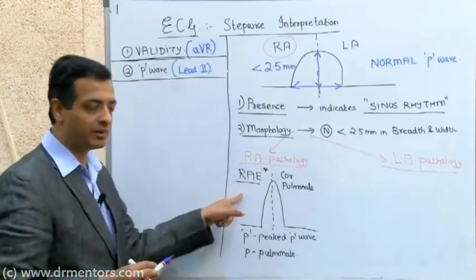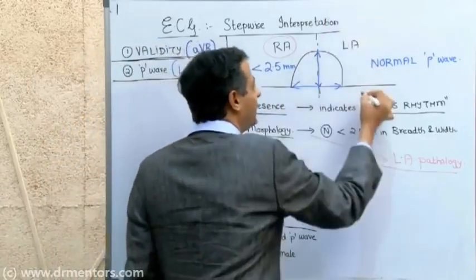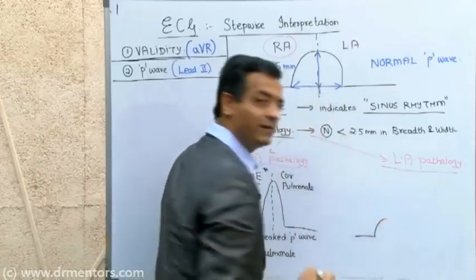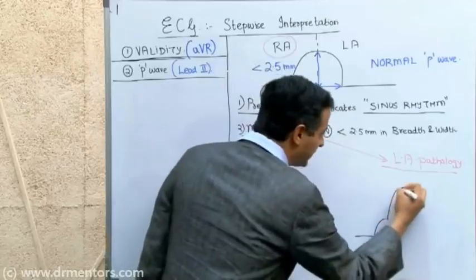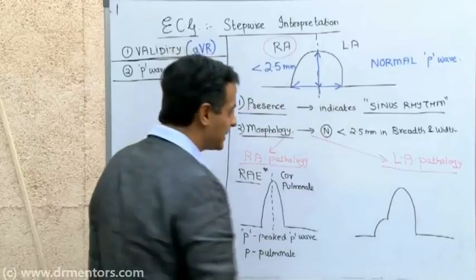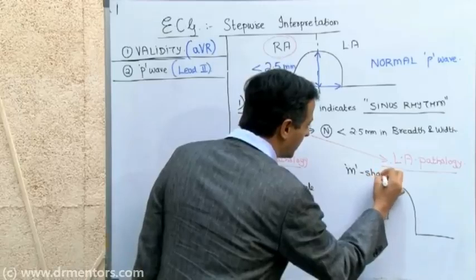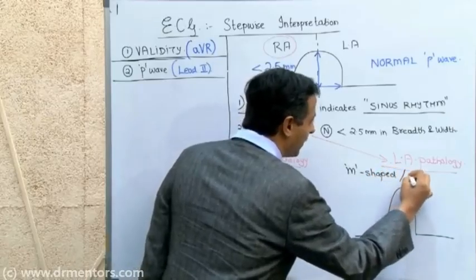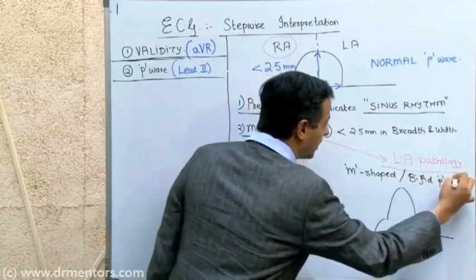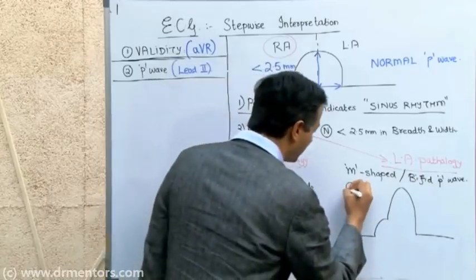Right atrial problem. Left atrial problem: right atrium will be normal, left atrium will be enlarged. So how are we going to show that? Initially the wave is normal, but then there is going to be peaking of the P wave. So this is what we describe as an M-shaped P wave, also called bifid P wave, and also called camel hump appearance of the P wave.